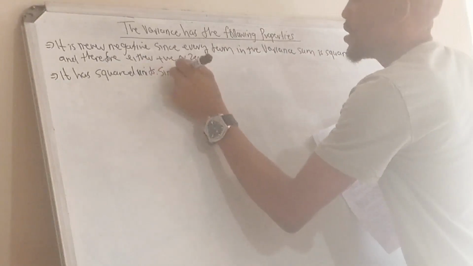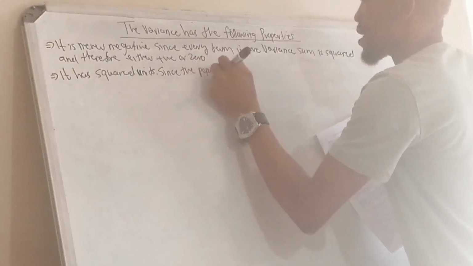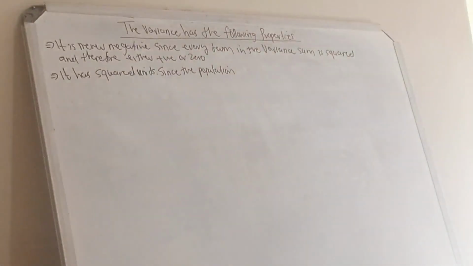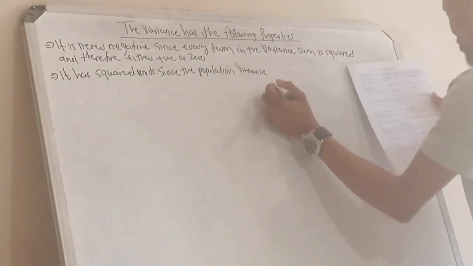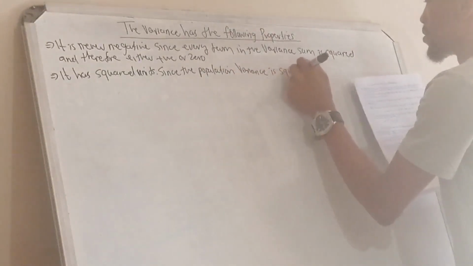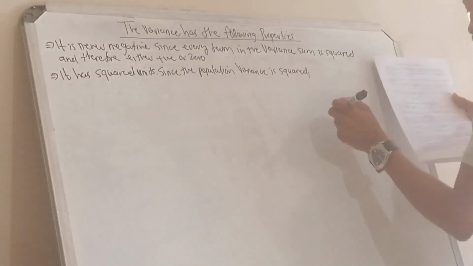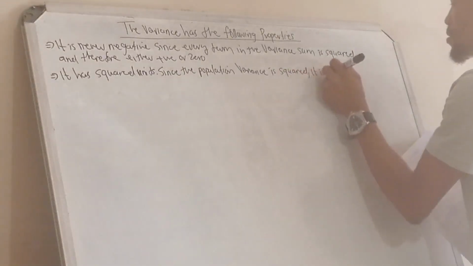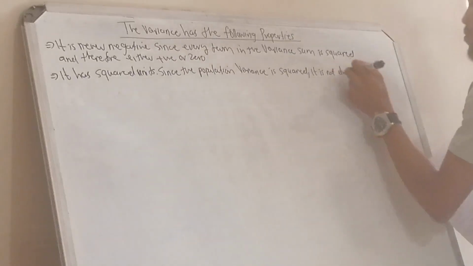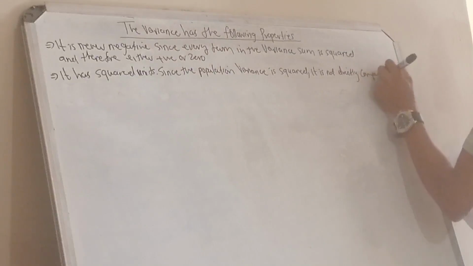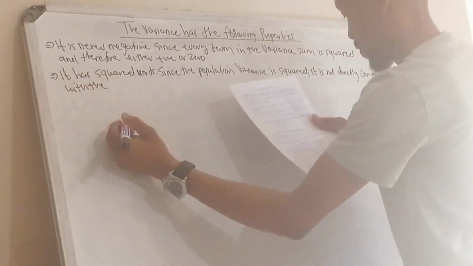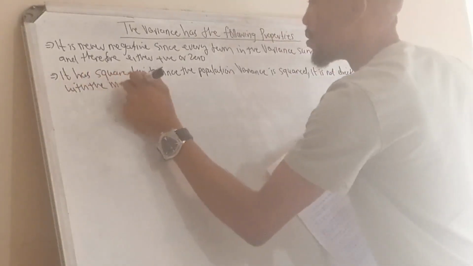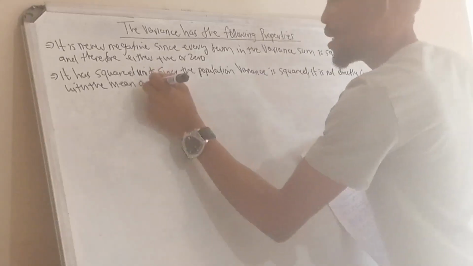And since the population in the previous example that we spoke about, let the number of elements represent the population, we are therefore saying that since the population variance is squared, it is never directly compatible with the mean or the data themselves.